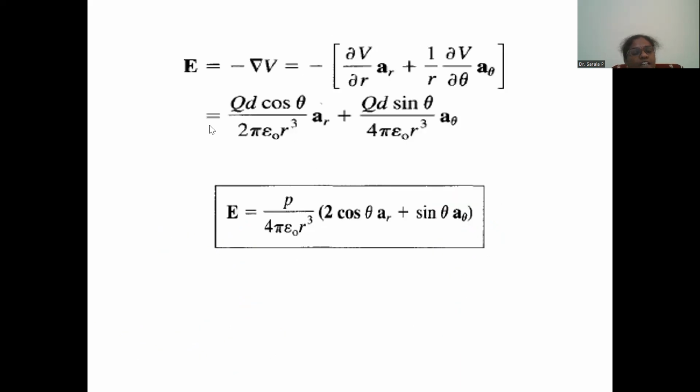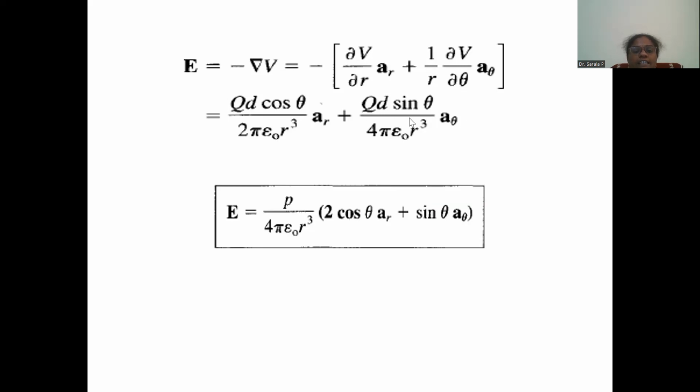Here if we take the gradient of V, E is equal to minus del V. That is equal to minus dou V by dou R aR plus 1 by R dou V by dou theta a theta. So we are considering spherical coordinates. So dou V by dou R gives Qd cos theta by 2 pi epsilon naught R cube aR, and Qd sin theta by 4 pi epsilon naught R cube.